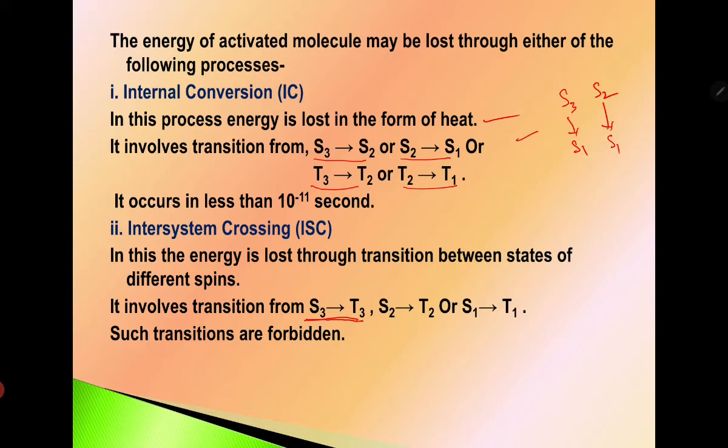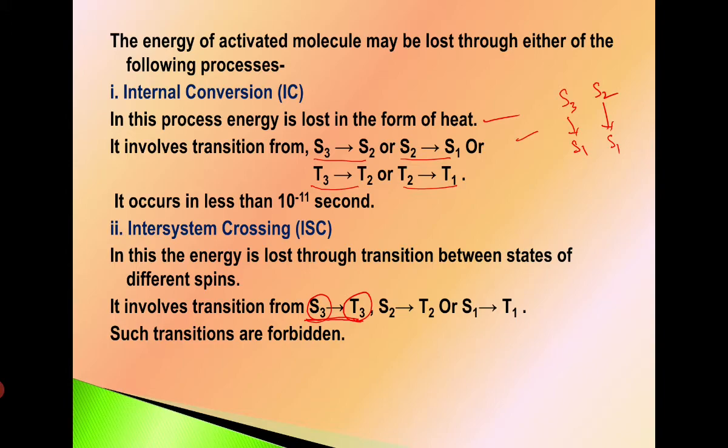These are spin forbidden transitions, that is, the excited singlet state is converting to the excited triplet state. This process is called inter-system crossing, that is, conversion of excited singlet state to excited triplet state.